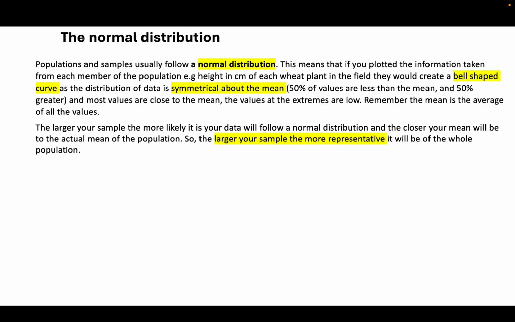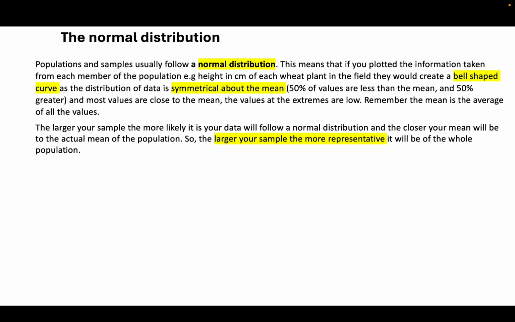A glimpse was provided on the previous slide, but we're going to take a look at the normal distribution, which is something that is covered in maths, and not all of you may be taking maths. A normal distribution occurs when you get some kind of data set and you get a bell-shaped curve when the data is symmetrical about the mean.